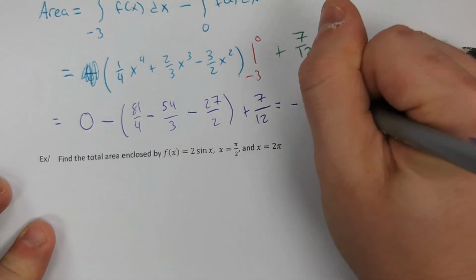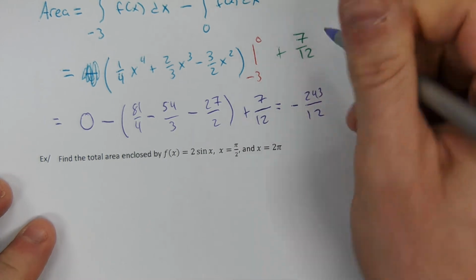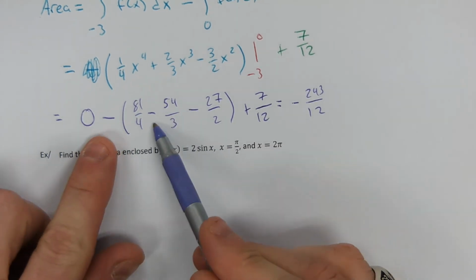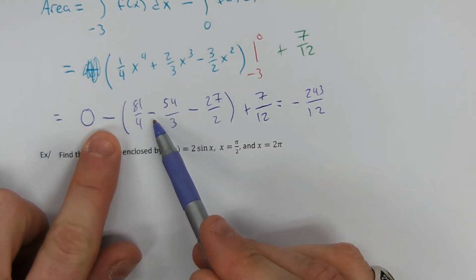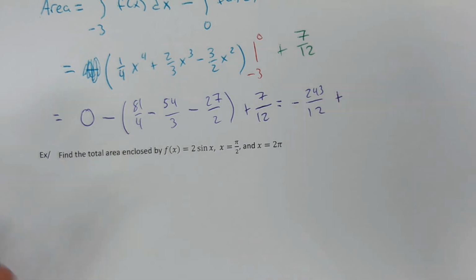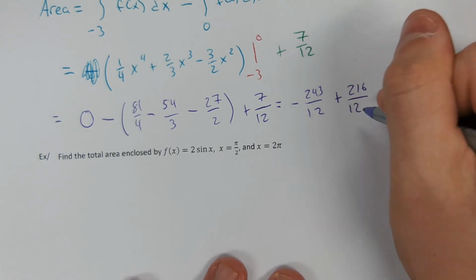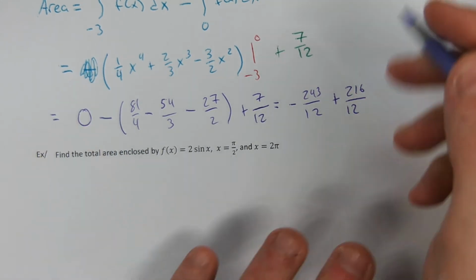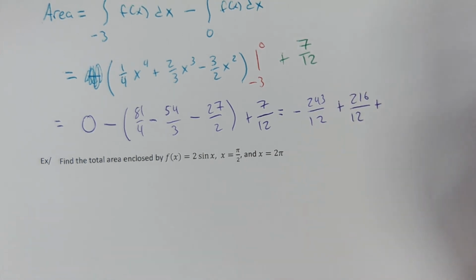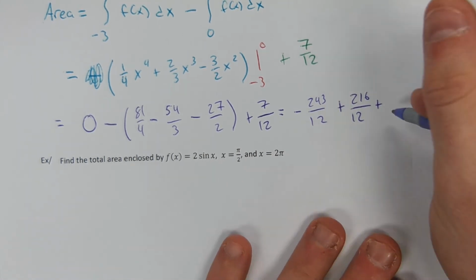So you have -243/12. Ugh. This is going to be a plus at least, because it's minus a negative. Plus 216/12. Okay, good, thank you. I'm pulling these numbers out of my brain here. Oh, plus again. Man, 162. Okay.